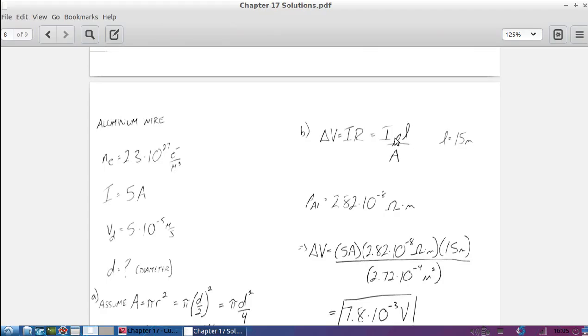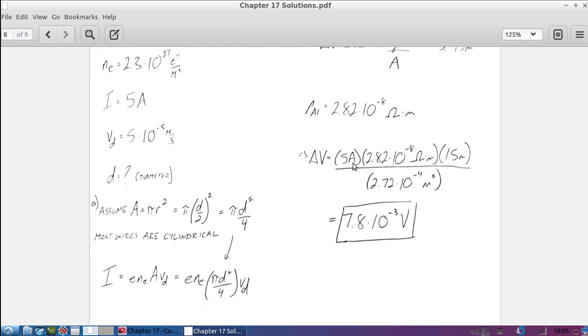So I know my resistivity, my length, my cross-sectional area, and my current. I'm substituting rho L divided by A in for the resistance. Once I calculate everything, 5 amps, resistivity, the length, the area, I get a very small voltage: 7.8 times 10 to the negative 3 volts.